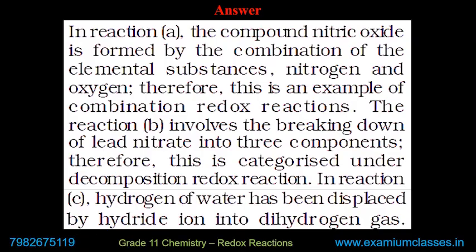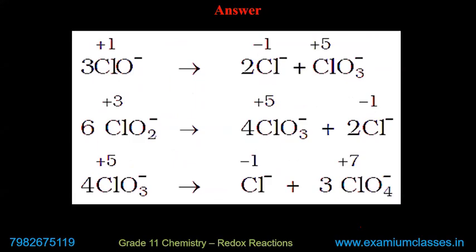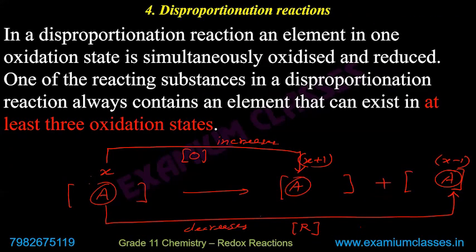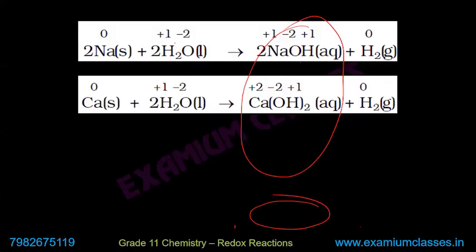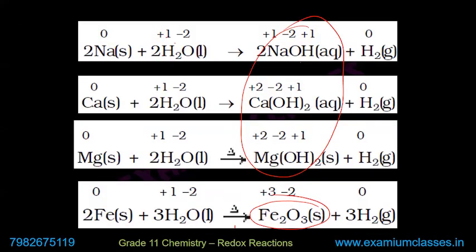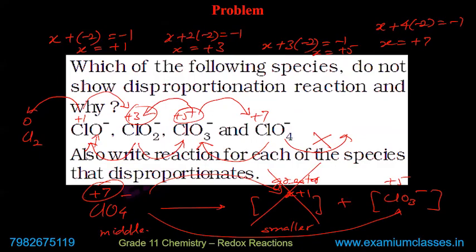Now the C part, if you see the reaction. Sir, I had a doubt. You have a doubt? Okay, just a second. Hydrogen of water has been displaced by hydride ion into hydrogen gas. Remember in the previous examples where we talked about the displacement reaction, it was sodium, calcium, magnesium, iron, a metal displacing. But here it is from the hydride.